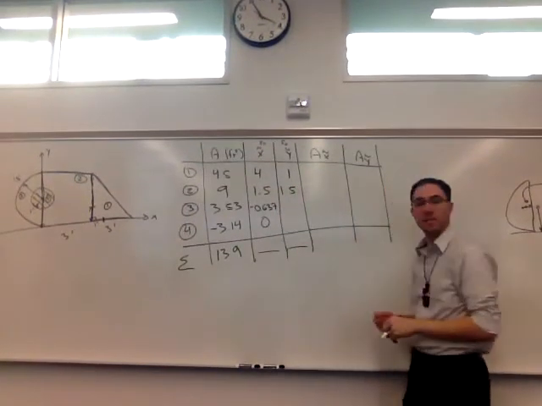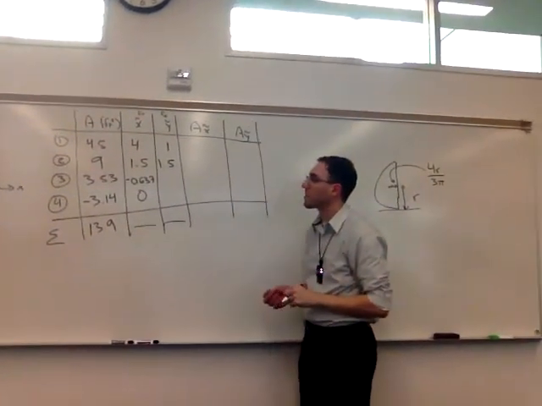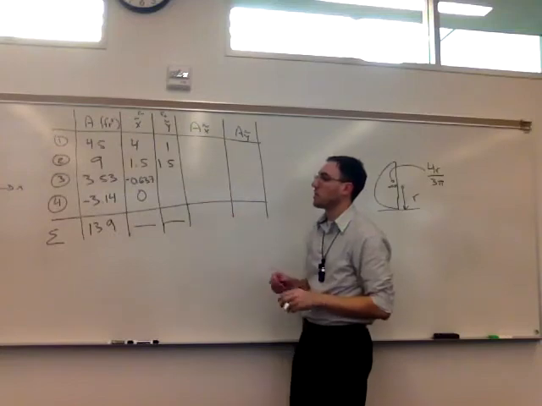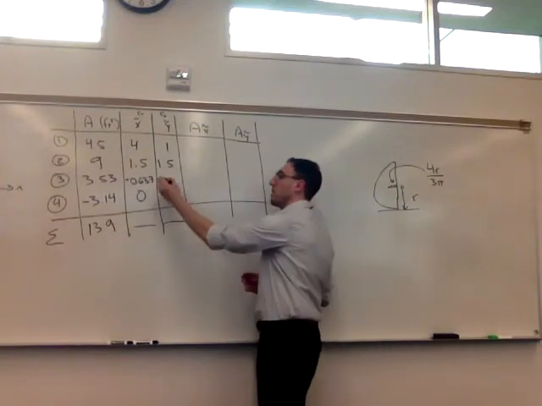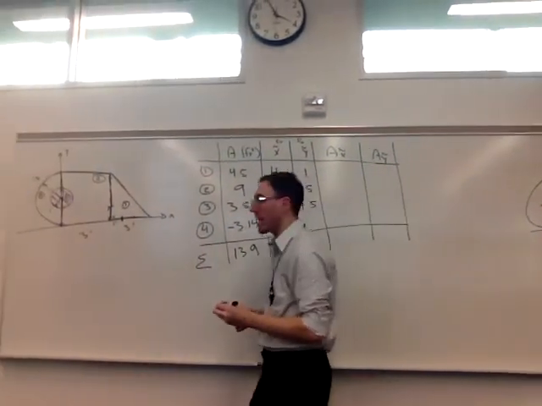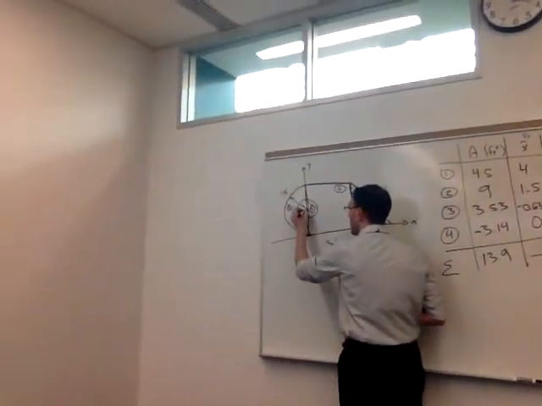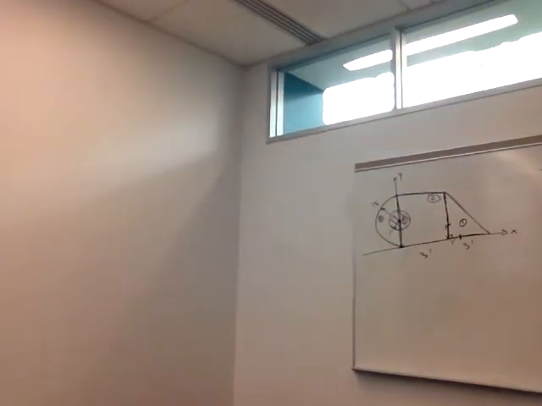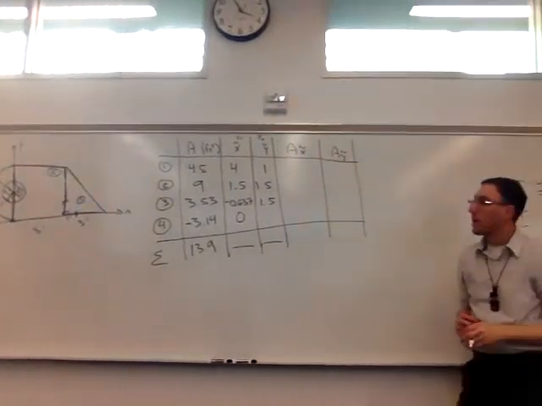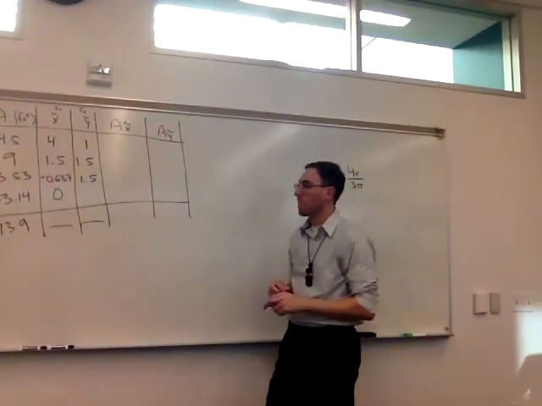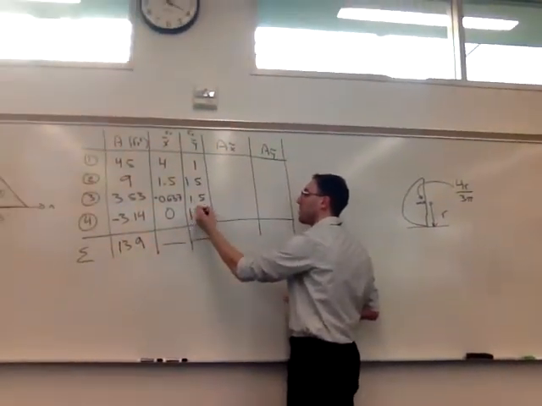Right, half of its height, since its base is on the x-axis. Shape 3, the half circle. Right, also 1.5, because that's its radius. So as measured from the origin, we have to go up 1 radius to get to its center, or its centroid. And shape 4, also 1.5.